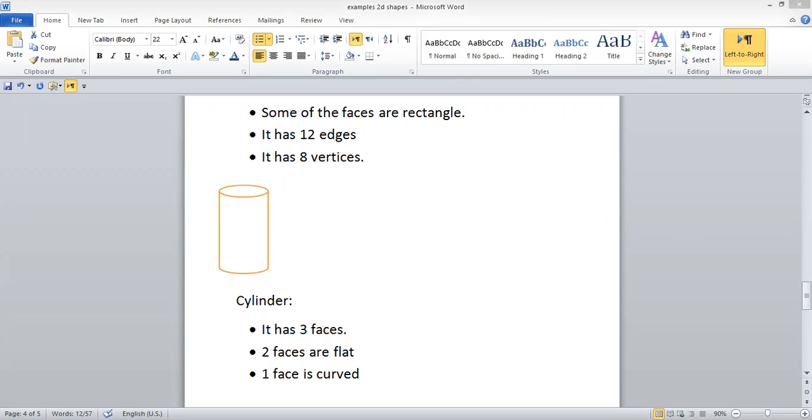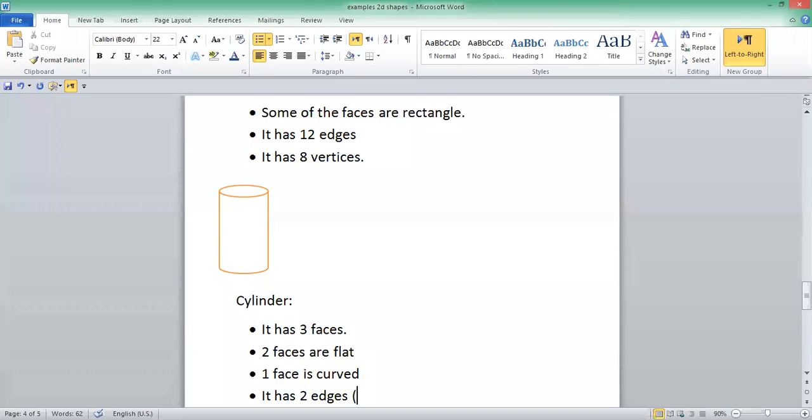It has 2 edges, they both are circular edges, you can say. I'm writing curved in a bracket. It has 2 curved edges. This is the first one, and here is the second one. These are the two edges of the cylinder.